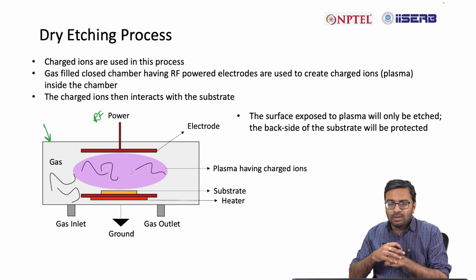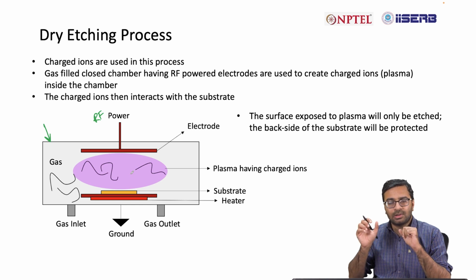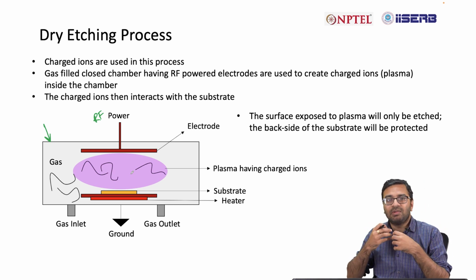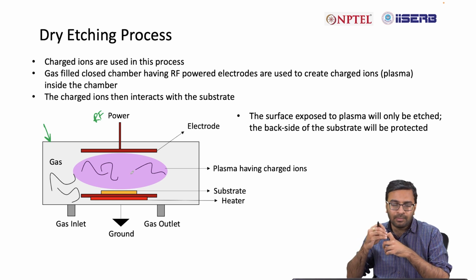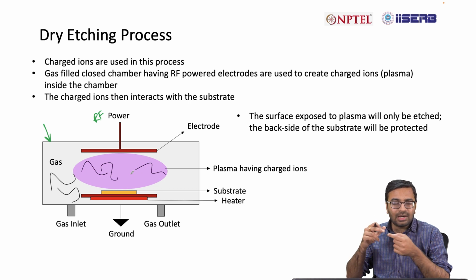Now once you create plasma, that plasma will contain various types of charged ions. That is one of the ingredients of a plasma, because the atoms will be energized, they will leave out electrons and they will become charged, the way we have discussed in case of sputtering. In fact, to some extent we also have discussed the same thing in plasma enhanced CVD. So these charged ions then will interact with the substrate and will take out the material from the substrate.